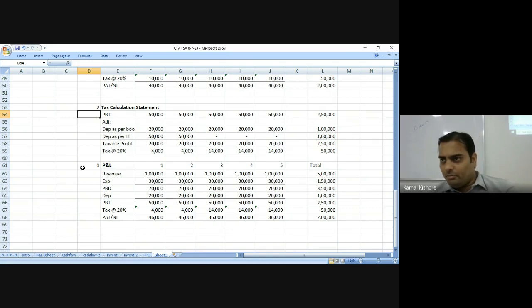Simply don't copy the numbers, understand how they are getting calculated. You're adding back depreciation.